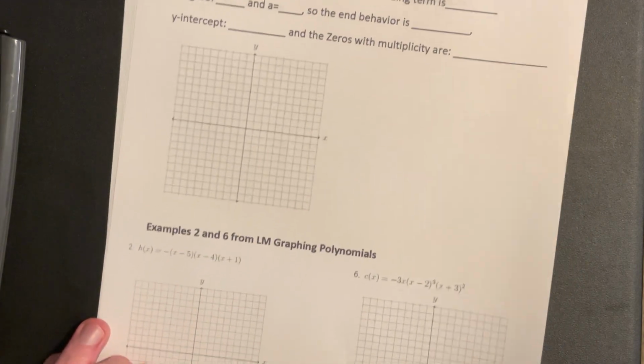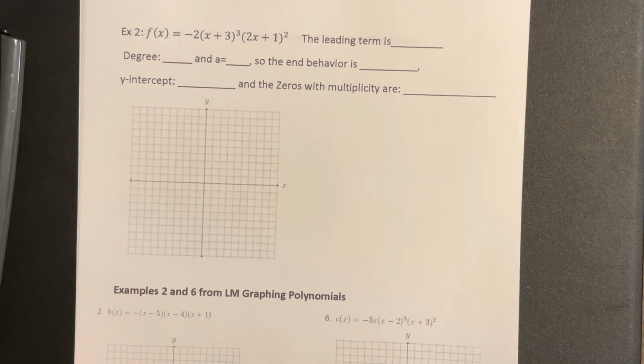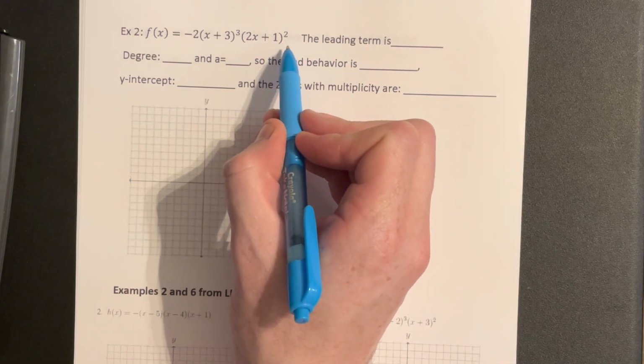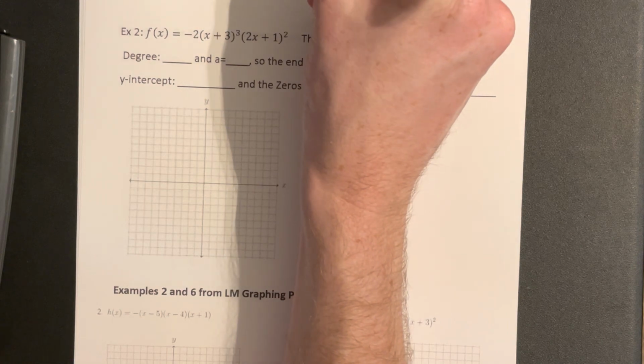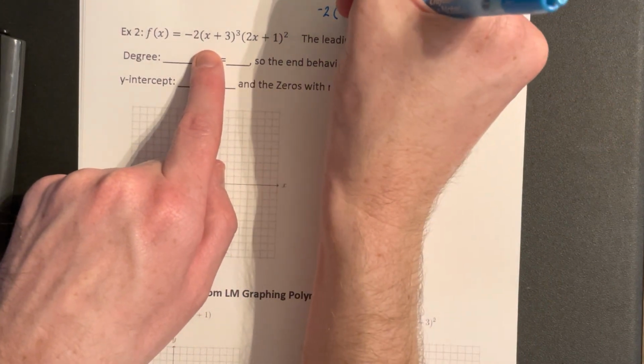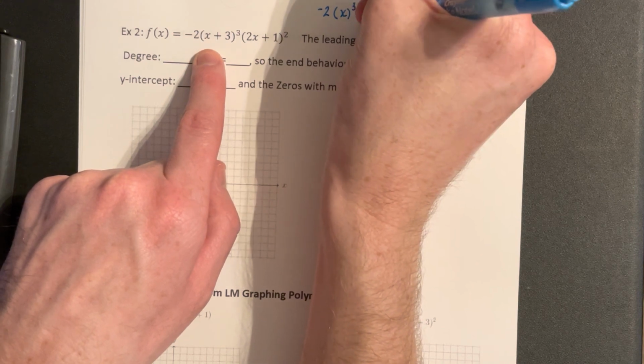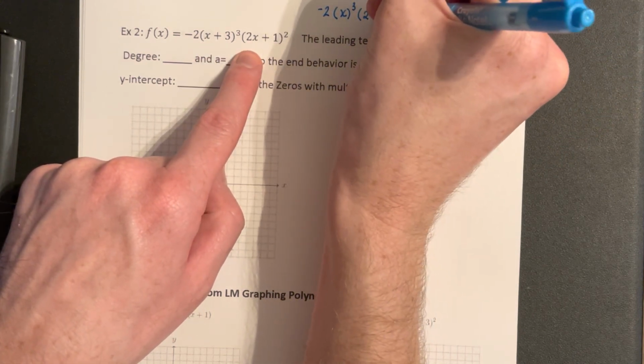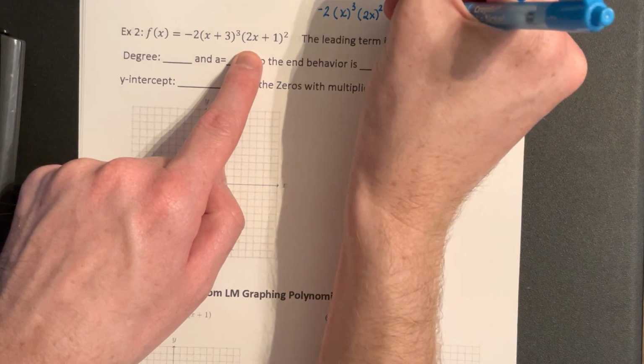All right, so look at example 2. We have -2 times x plus 3 cubed and 2x plus 1 squared. So that leading term, we're going to find that first. -2 times, here we have just an x, but it's cubed. And now there's a 2x squared.